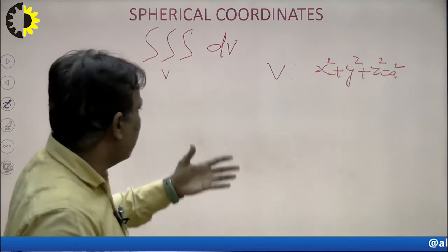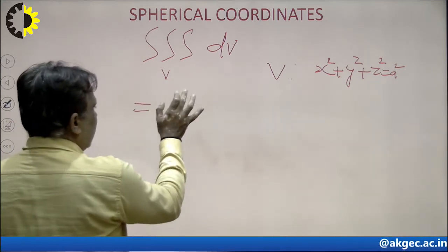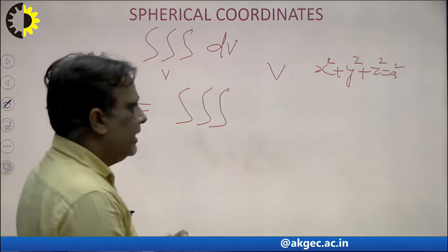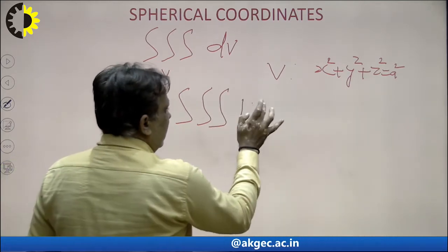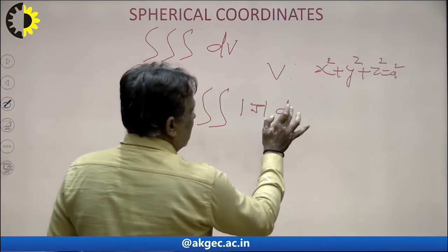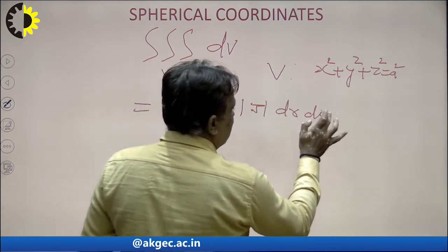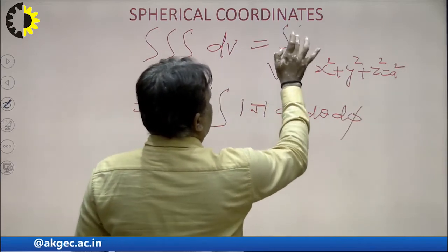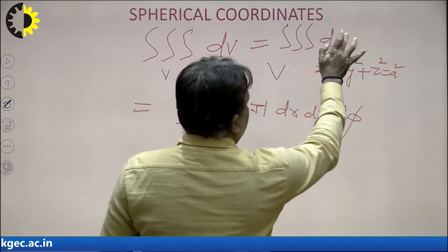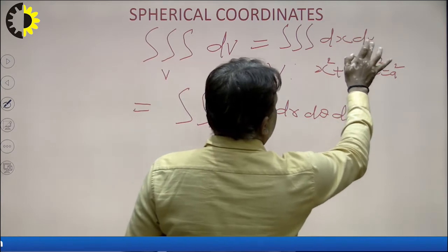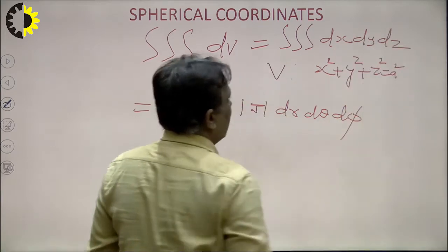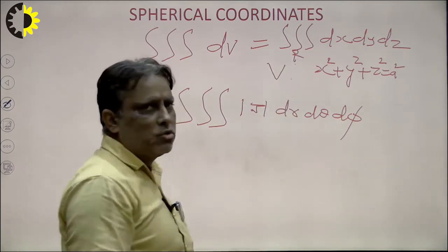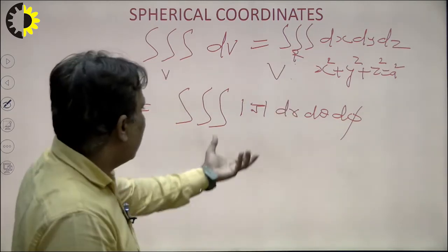First of all I convert it into spherical coordinates. Volume is equal to the triple integral of dx dy dz, that is the volume formula, over the region which we want to evaluate the volume of.